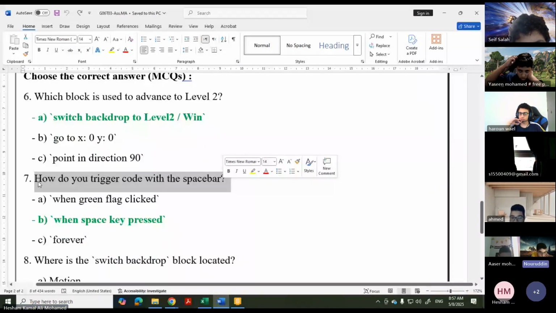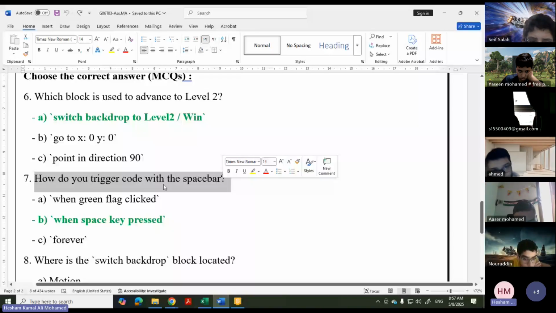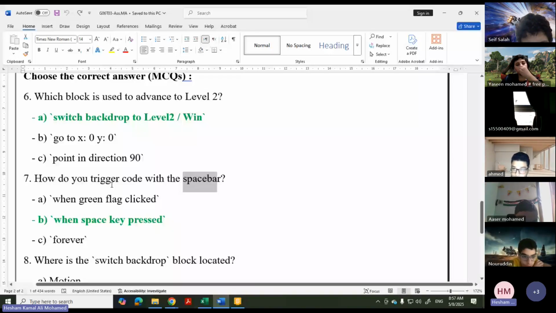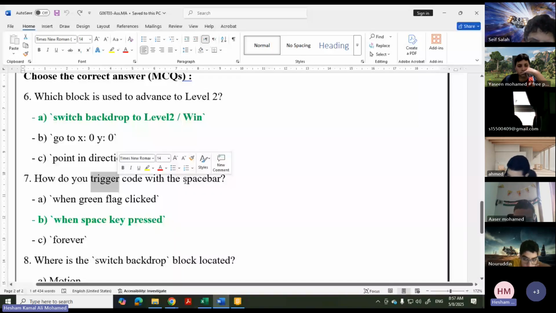How do you trigger code with the space bar? I need the space bar to trigger. To trigger a code means to make it work, to run the code. But I am specifying it to the space bar. Which one has the space bar?